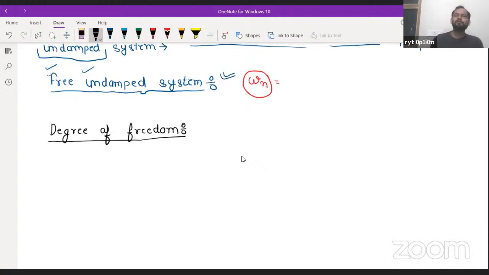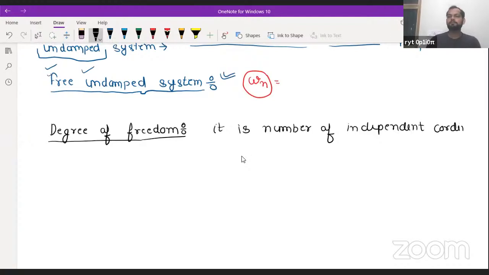Degree of freedom is the number of independent coordinates that is required to define the state, that is required to define the system completely.